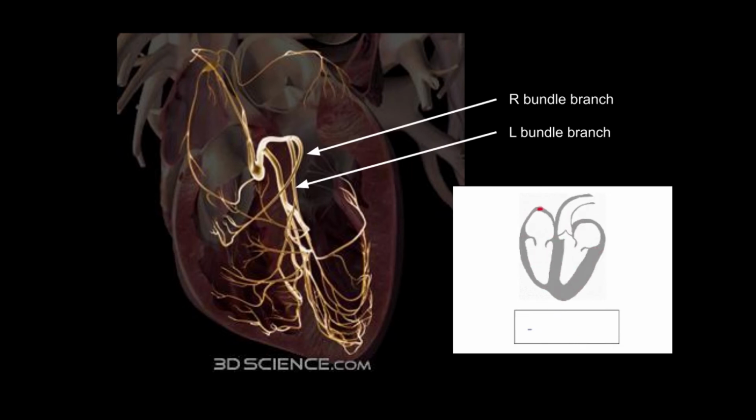You have a right bundle branch going to the right ventricle and a left bundle branch going to the left ventricle. Sometimes some of you might have abnormal ECGs because one of them lags behind. It means the right bundle might beat after the left bundle, or vice versa.